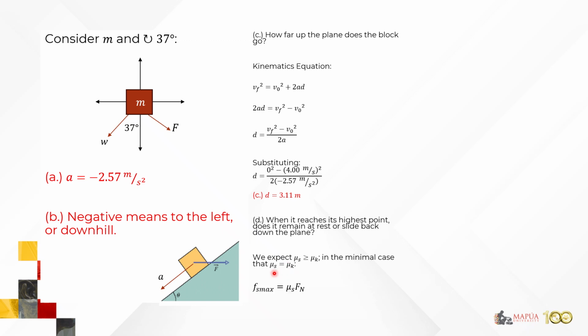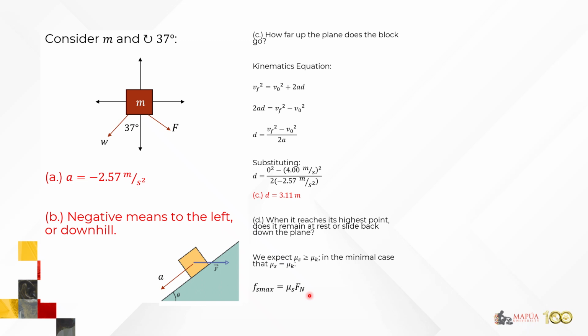So that just means that the maximum force that the block should experience should be equal to mu sub s times f sub n. That's equal to the maximum static friction, based on our coefficient of static friction. That means that if it's greater than the static friction, then it will slide back down.